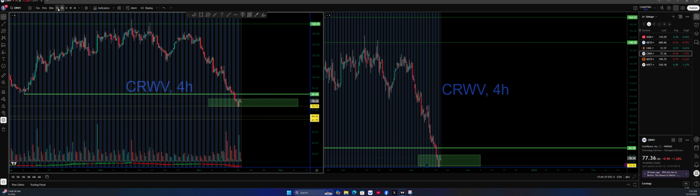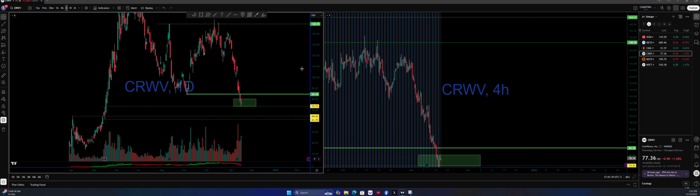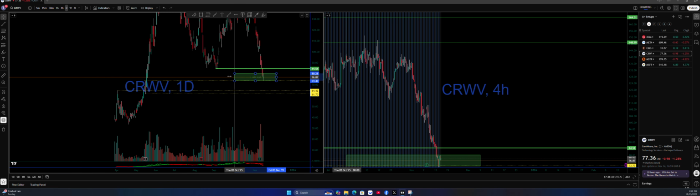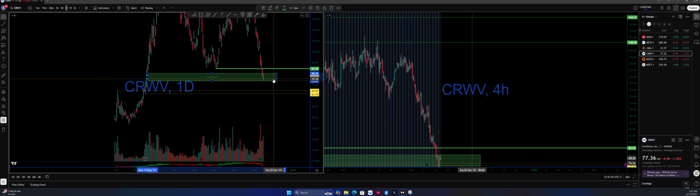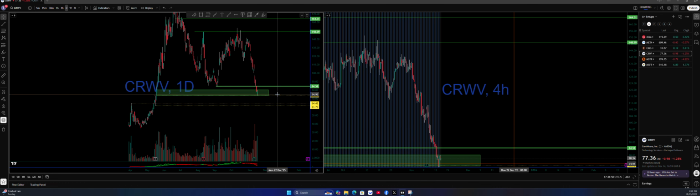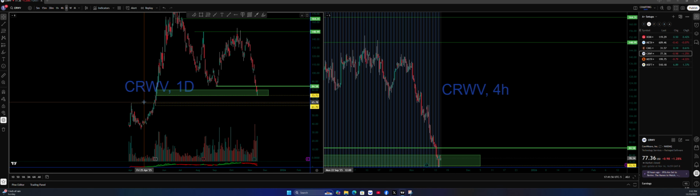This is Core Weave. Core Weave is interesting because of this doji right here. I wanna see what we do at market open Monday. I will trade this to the upside. There's an order block here that we tapped.